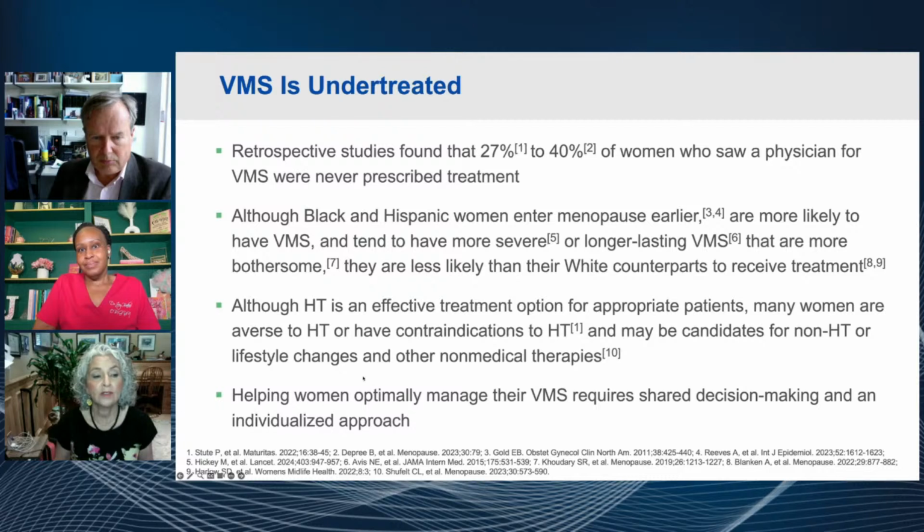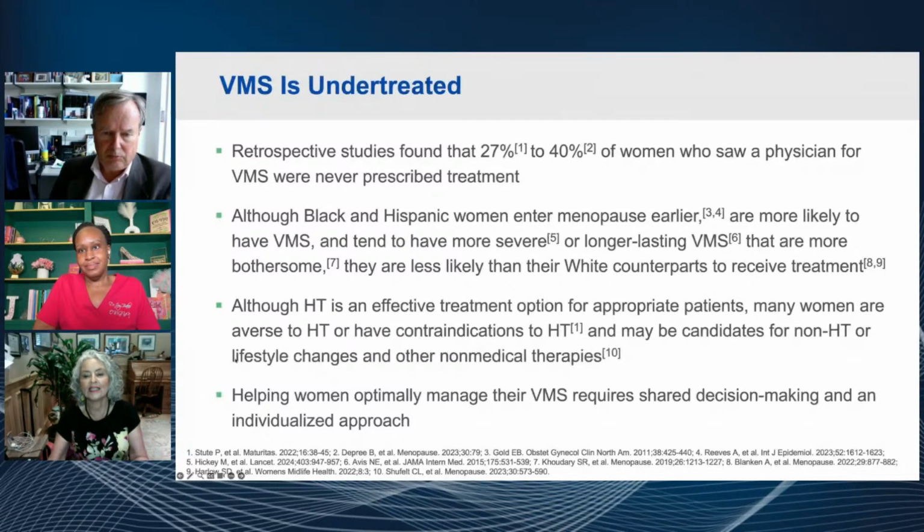To make matters more challenging, hormone therapy is effective, but many women are averse to it. They may be candidates for other options, which we've also discussed. So helping women optimally manage their vasomotor symptoms, I hope we've communicated, requires shared decision-making and an individualized approach.